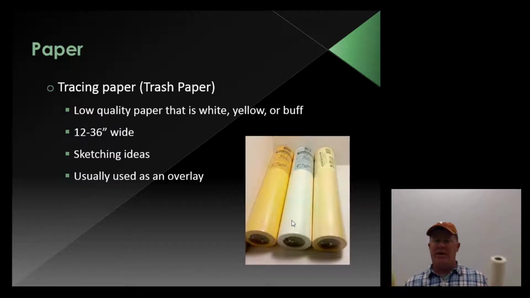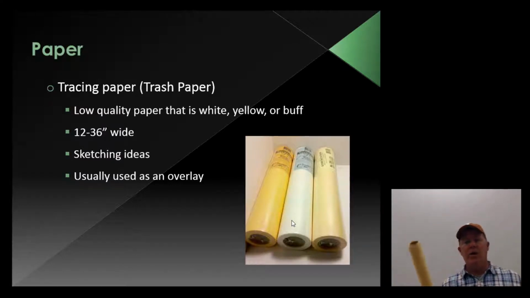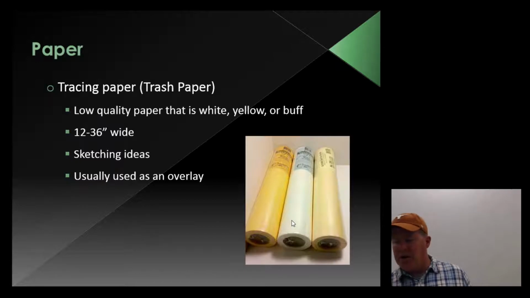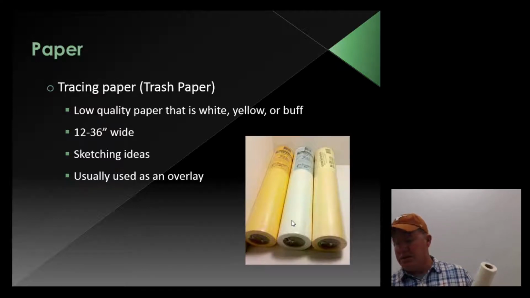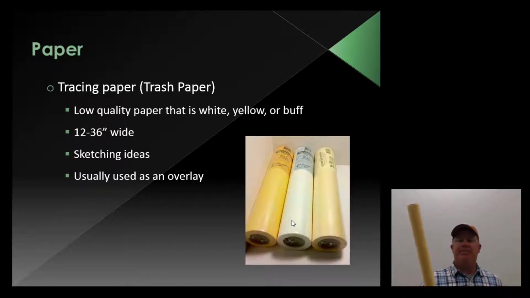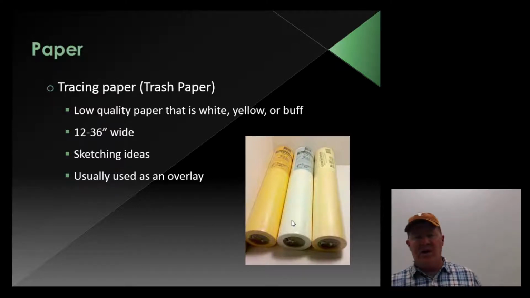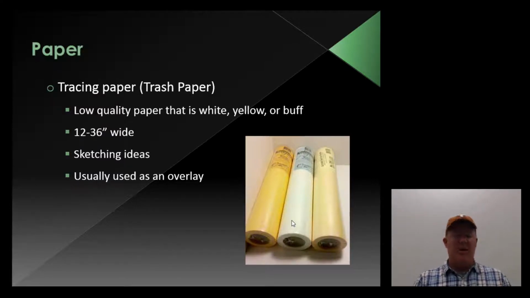It comes in white. It comes in a canary yellow. It comes in a lighter tan color. It comes in various sizes. Here we have 18-inch height, or a little shorter than that. But we've got this size, 24 by 36, and basically it is transparent.